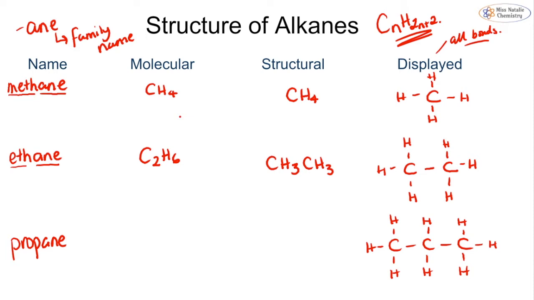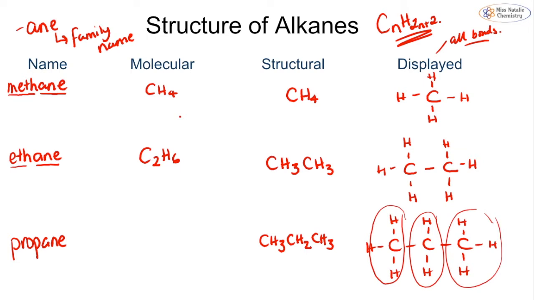My structural formula, as we know, takes that into a smaller section, and we have CH3, CH2, CH3. So we're just breaking it down into these small chunks like that. And our molecular, again, counting how many carbons and how many hydrogens, we have C3H8. So that's the first 3.